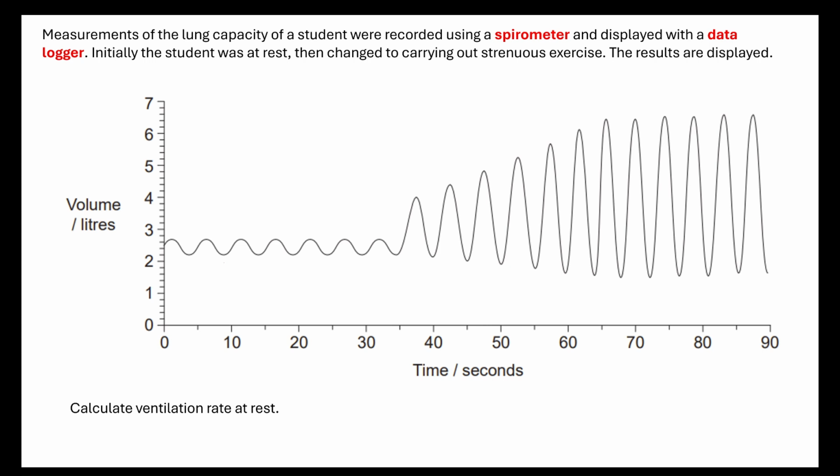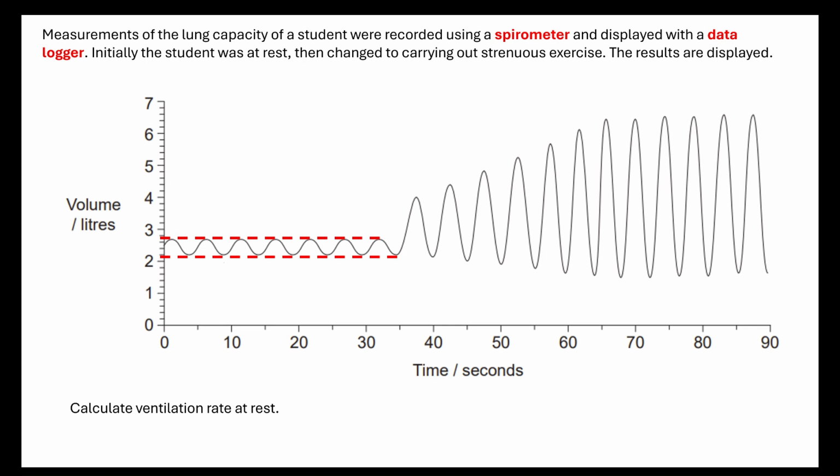First of all, here is my tidal volume. Here's my normal breathing, peaks and troughs in that tidal volume. And then the strenuous activity has started to happen because I'm needing to bring more air into my lungs because I need to ventilate more.